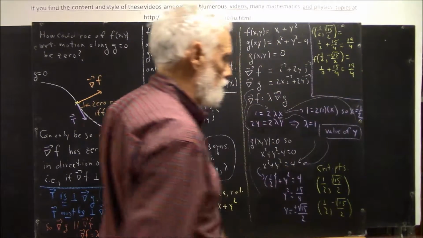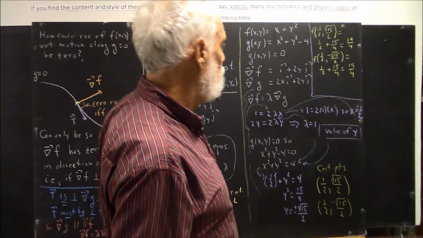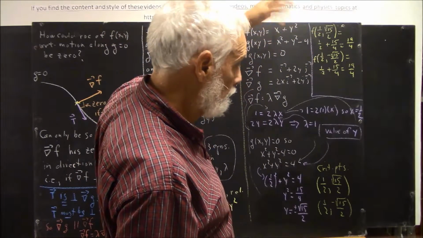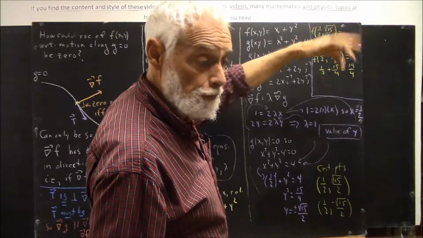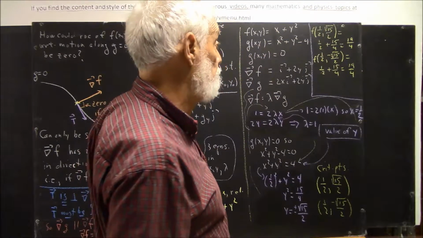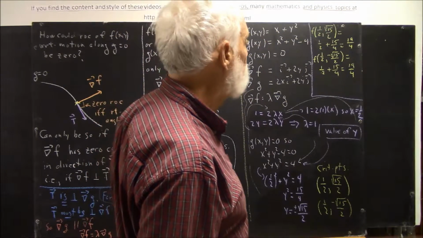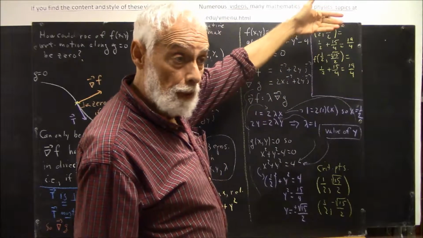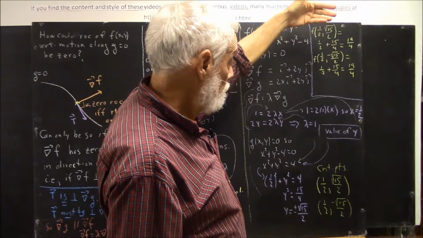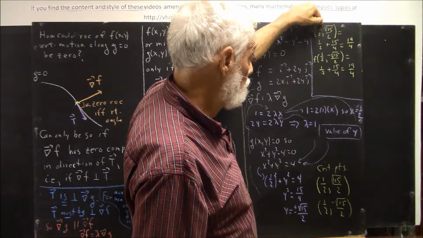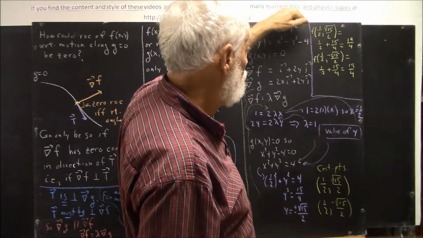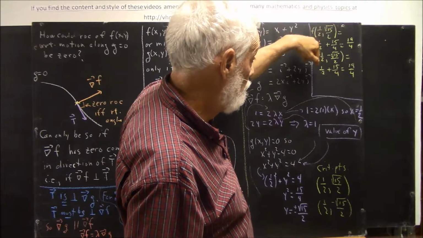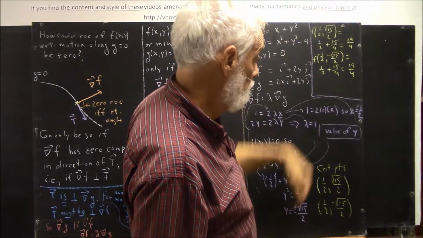Now this could mean one of two things. We could have an inflection point here so that 19 fourths is neither a maximum nor a minimum. Or 19 fourths could be a maximum for the function, and that maximum would occur at both of these points, at 1/2, square root of 15 halves, 1/2, negative square root of 15 halves.